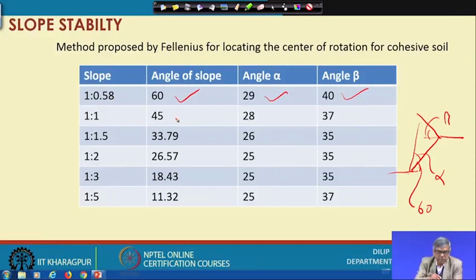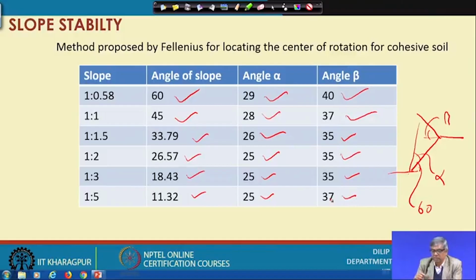Similarly, if the slope angle is 45 degrees, then alpha is 28 and beta 37; if the slope angle is 33.8, then alpha is 26 and beta is 35. If the angle is 26 degrees, then alpha is 25 and beta is 35, and if the angle is 18.4, then it is 25 and 35, and for 11.3, then 25 and 37.